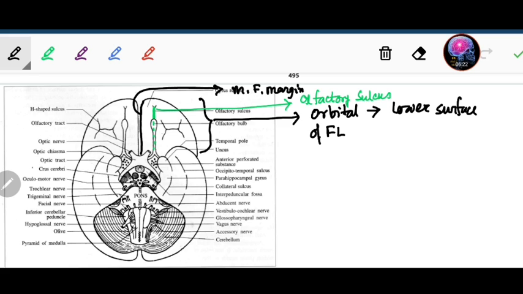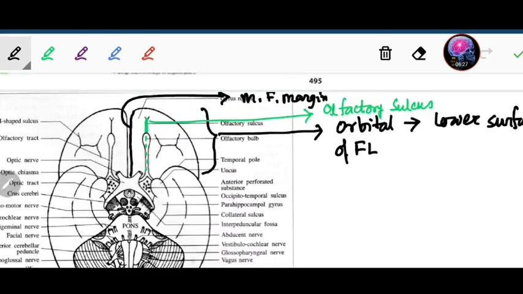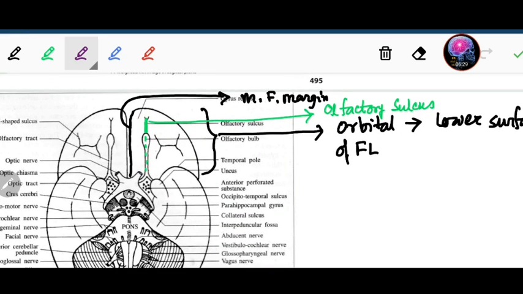The olfactory sulcus lodges the olfactory bulb and its tract. Let's draw the olfactory bulb. This expanded area is called the olfactory bulb, and it is continuous behind as the olfactory tract.